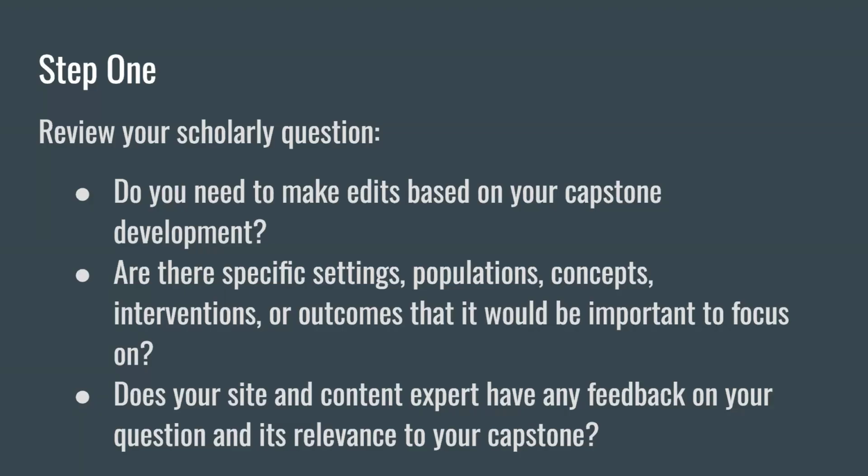More specifically, are there settings, populations, concepts, interventions, or outcomes that you know will be part of your capstone that it would be important to include in your question and your literature review? So, really thinking about how things have developed, what your site is going to look like, and are there ways to make your question more specific or focus it in on certain elements that will be most beneficial?